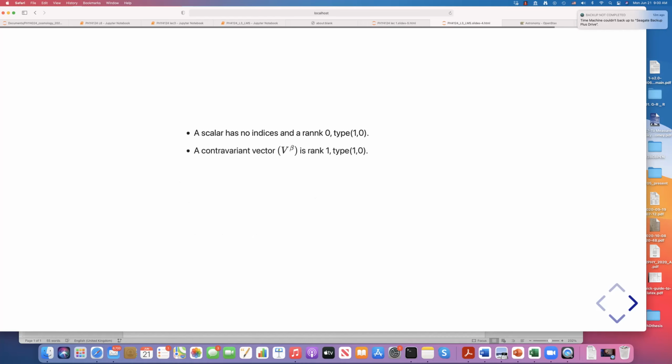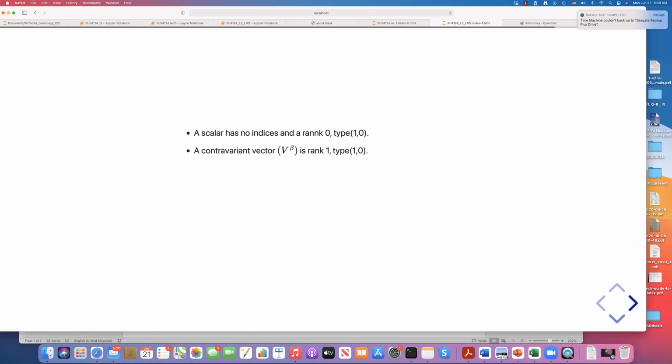And if you consider the contravariant vector v beta, you have one index right here as an upper index, which means it should be a rank 1 tensor, and type should be 1, 0, right? And I think there is a mistake right here in the first one.